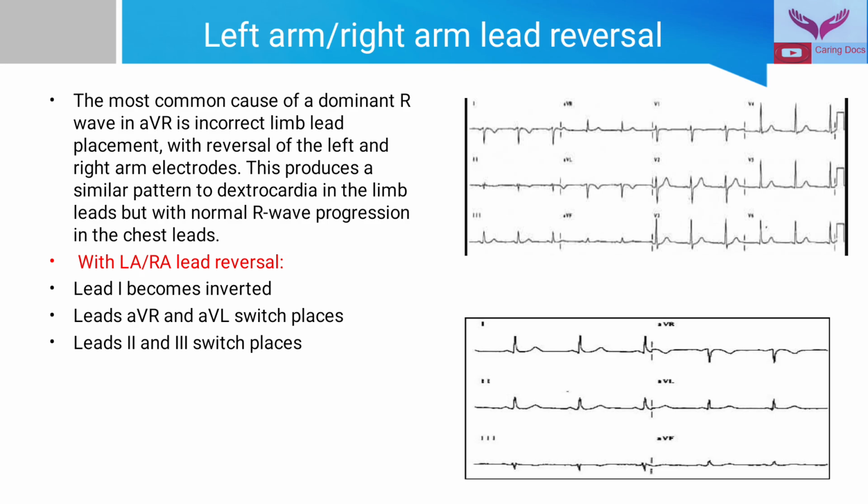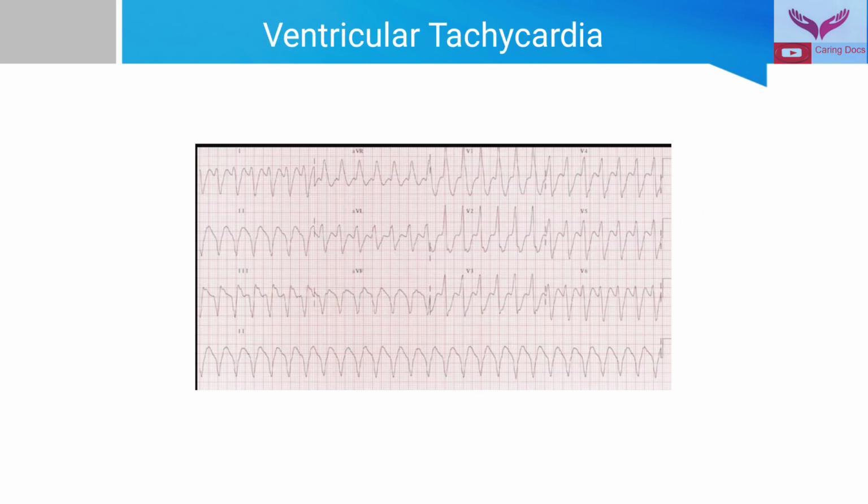Whenever there is left and right arm leads reversal, lead 1 becomes inverted, lead AVR and AVL switch places, and lead 2 and 3 also switch their places. This is an ECG of a patient with ventricular tachycardia.